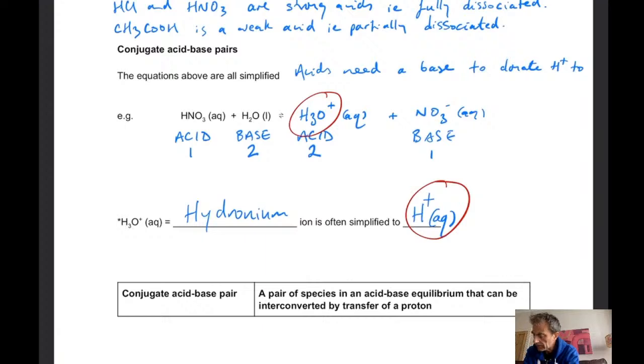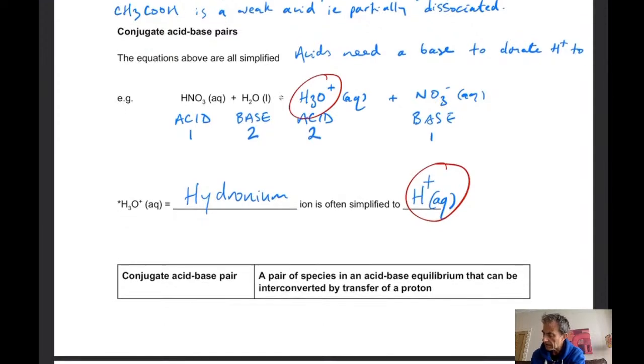Okay, so that's the definition for conjugate acid-base pair: a pair of species in an acid-base equilibrium that can be interconverted by proton transfer. So what we'll do, we'll just make sure that's totally made sense with this exercise here.